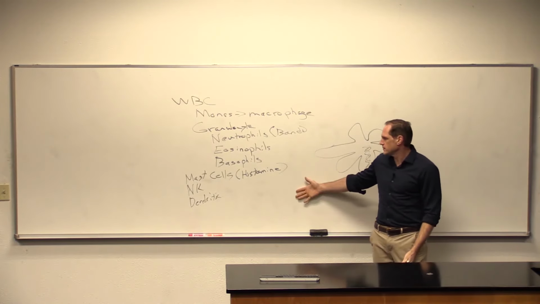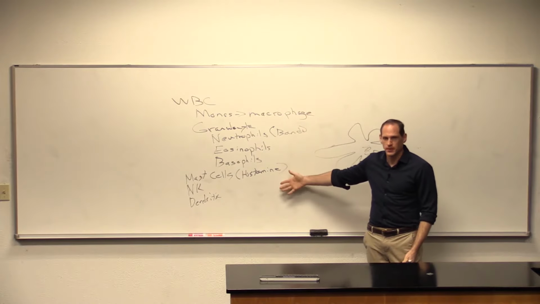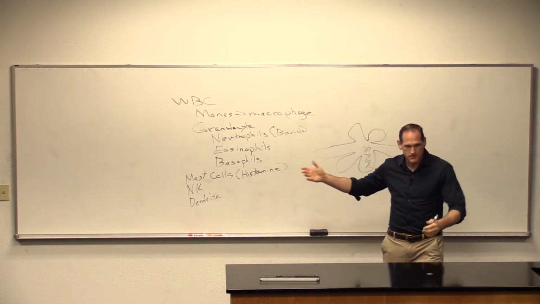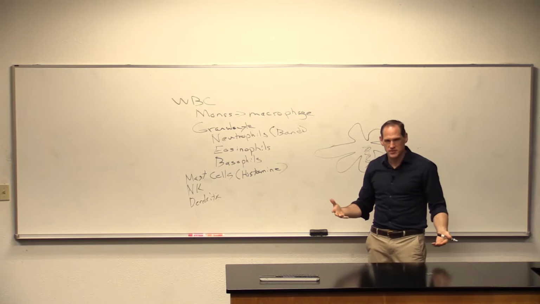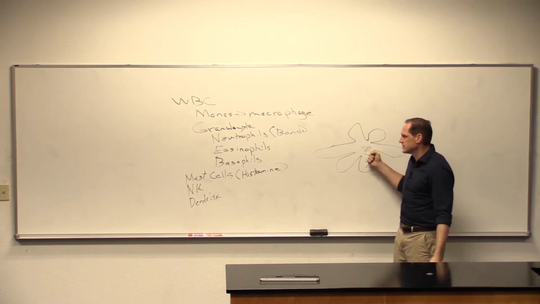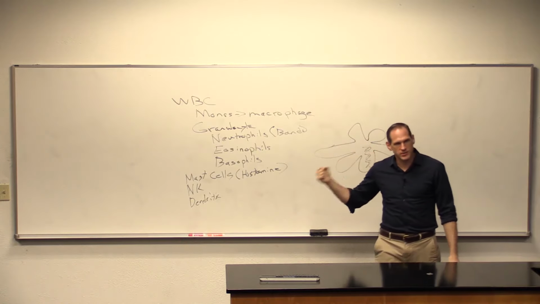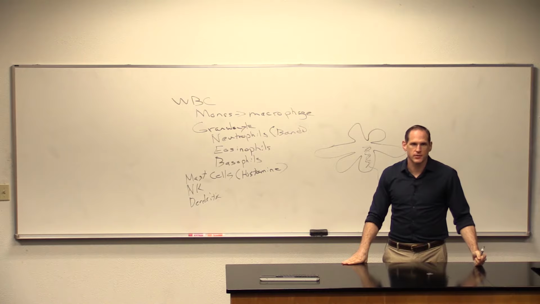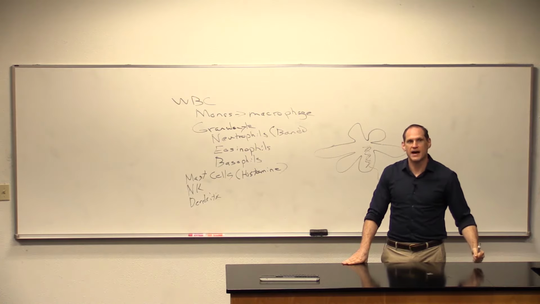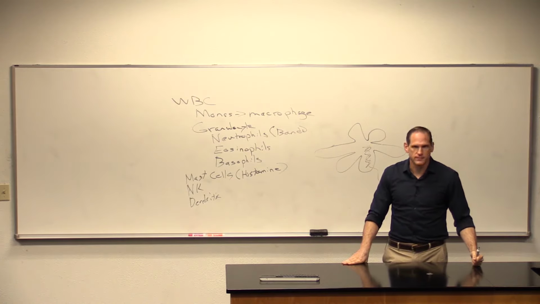Now, if you put macrophages in a test tube along with T-cells, they will activate them. But in your body, it turns out, most of the time, what activates a T-cell is a dendritic cell. So dendritic cells activate T-cells and start the entire immune process. Without dendritic cells, we don't have an immune response.